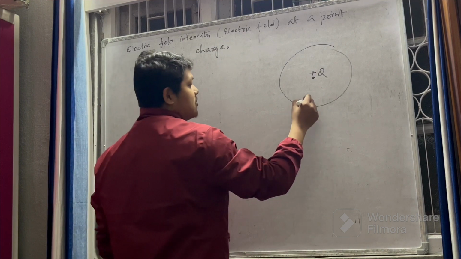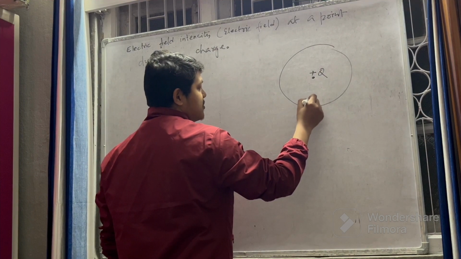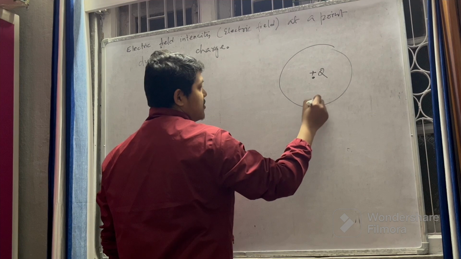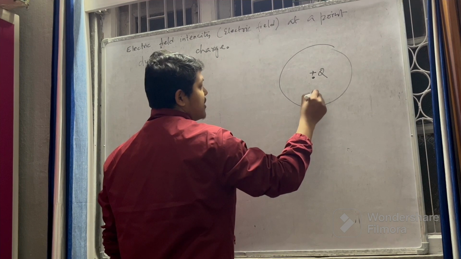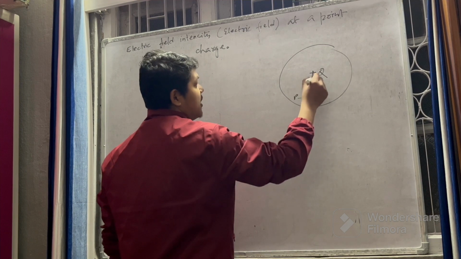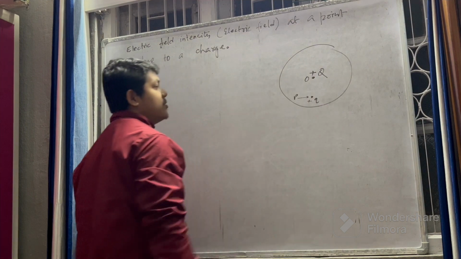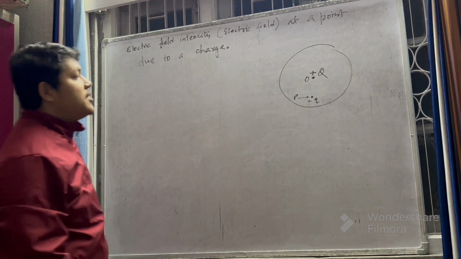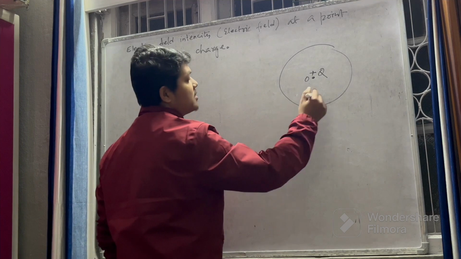Let us bring another charge, small q, which is placed at the point P. This is the point P, and the charge Q is placed at the origin O, suppose.